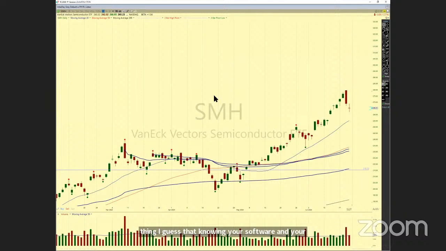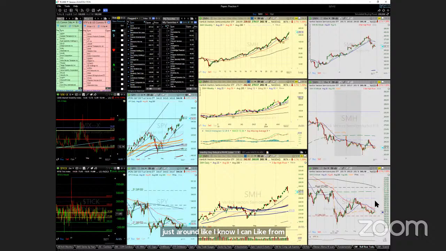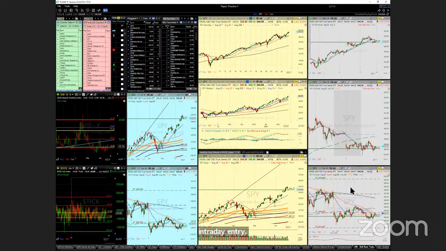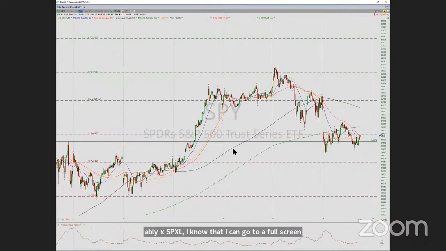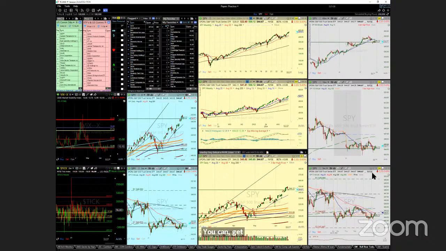From this layout, if I'm going to do an intraday entry on SPY, probably SPXL, I know that I can go to a full screen layout by just Shift L, and then I know I can go back to have quite a bit on there. As you develop proficiency with your software, you can get quite a bit out of this one screen, and that's a bit of a challenge.